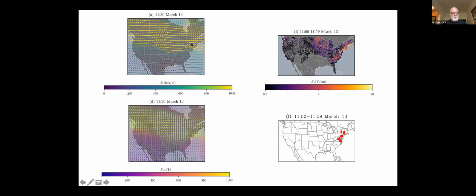And we see that it's essentially a westward directed Electrojet generating on the bottom here, southward magnetic field. So this is the start of the development of the main phase of the magnetic storm, when the magnetic field actually decreases in intensity. And we see that going on here with the generation of these magnetic fields across CONUS United States. That's an early phase of the storm.